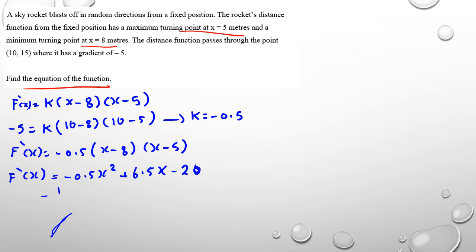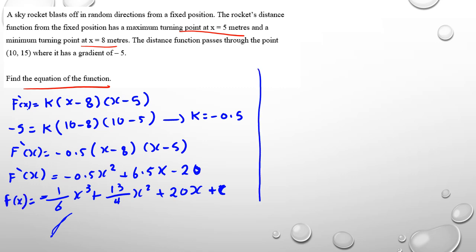So you will get negative 1 over 6 x cubed plus 13 over 4 x squared minus 20x plus c. That's my f(x). Again, that's not the full function because c is still unknown.